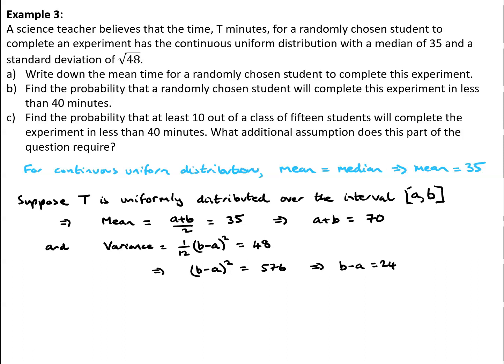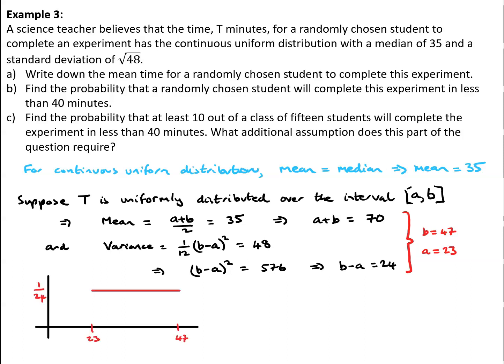So I've got a pair of simultaneous equations for a and b. We know that a plus b is 70. We know that b minus a is 24. So solving the simultaneous equations, we've got b is 47 and a is 23. So we now know that t has the uniform distribution over the interval from 23 to 47.